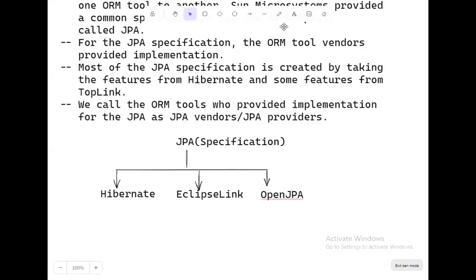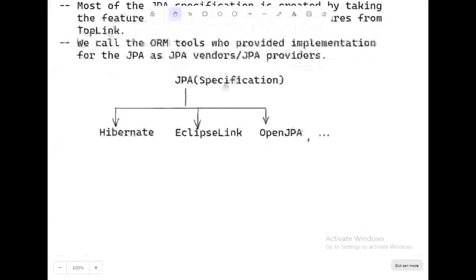And there are many others available, like MyBatis, Data Nucleus, and so on. I can't write everything. Now, what I can tell you is that JPA is a specification, right?